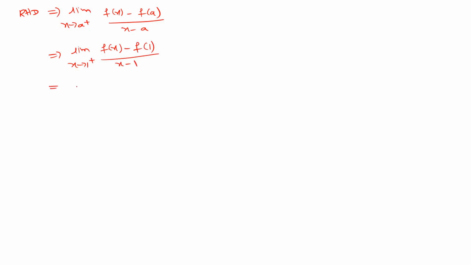For 1 plus we take x minus 1 only, minus f of 1, which is 1 minus 1, divided by x minus 1. So plus 1 minus 1 gets cancelled, limit x tends to 1 plus, x minus 1 divided by x minus 1, and x minus 1 gets cancelled. We get this value as 1.